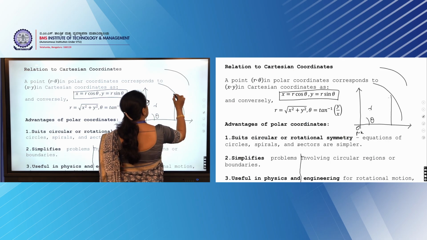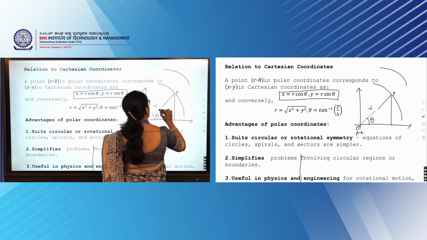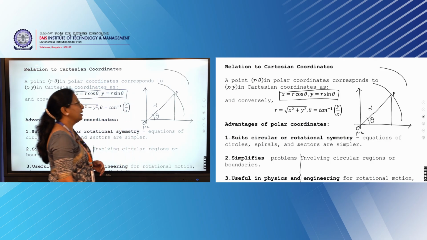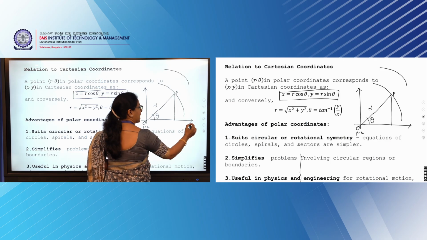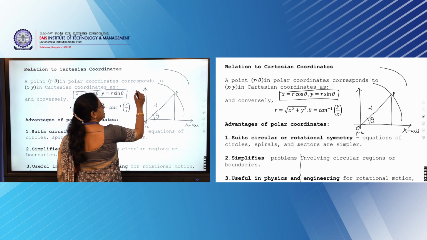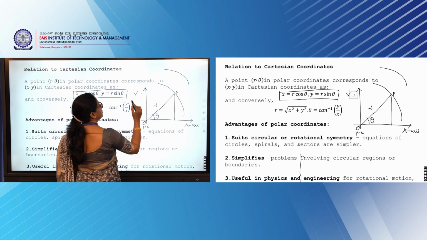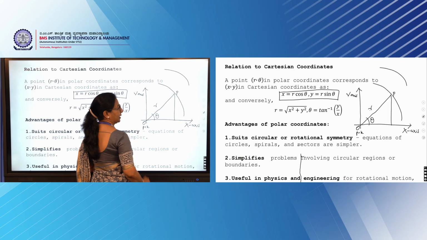This is the point P, and if you join it to the pole, then this fixed line is normally represented as the x axis, and this will be considered as the y axis, and this is the angle theta.